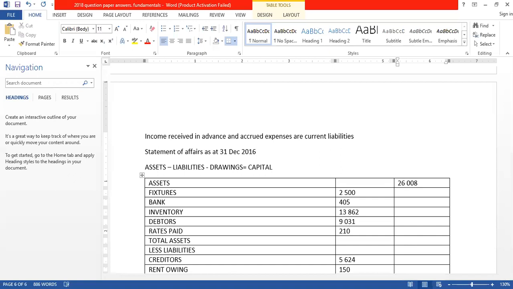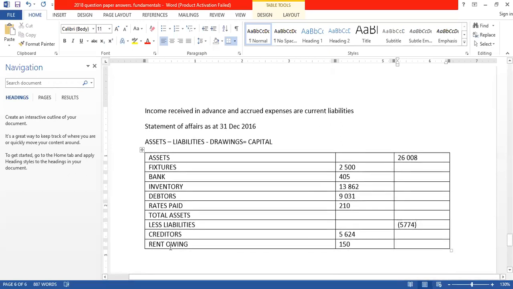I believe we got the same amount. And then we subtract our liability. Did you get the same amount? Yes. Okay, 5624 plus 150. So our total liabilities were 5774.